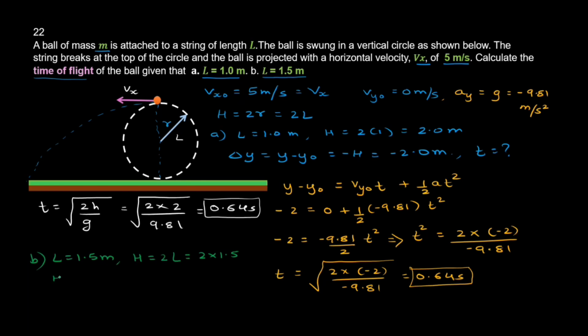That gives me h to be equal to 3 meter. So I can find time of flight t as square root of 2h over g, which is equal to square root of 2 times 3 over 9.81. That gives me time of flight to be equal to 0.78 seconds.